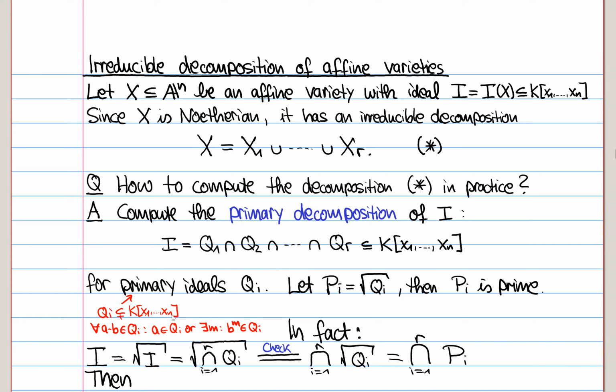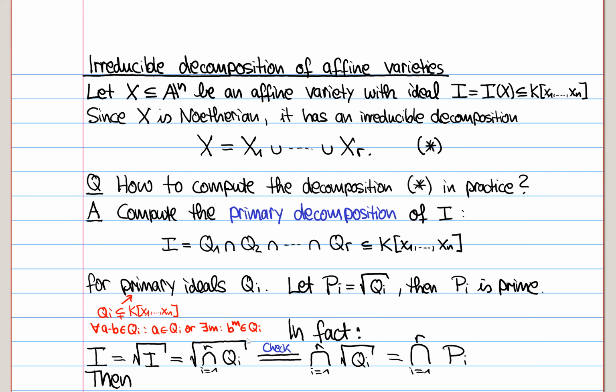that they have a kind of curious property that if you have a product A times B in one of the ideals, it means that A is in the ideal or some power of B is in the ideal. It's a curious mixture between being a prime ideal and being a radical ideal.